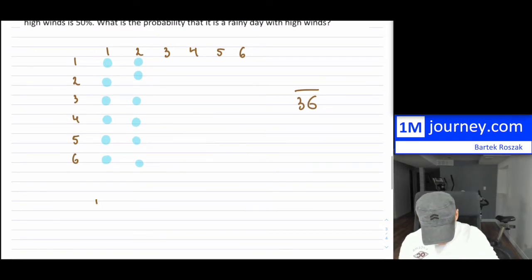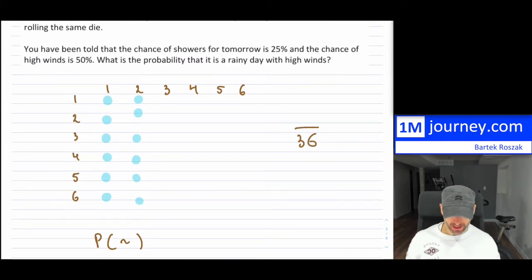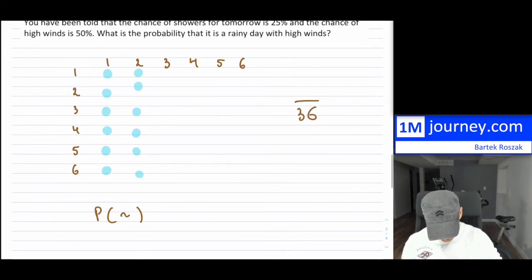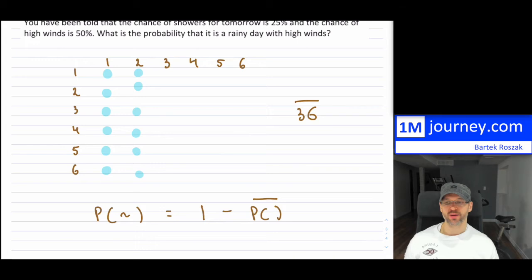Because it says sum greater than 3, I'm going to ask what's the probability of getting 3 or less. If I have that probability, I can simply say 1 minus that probability, which is the opposite. So I'm going to use the complement to find it.